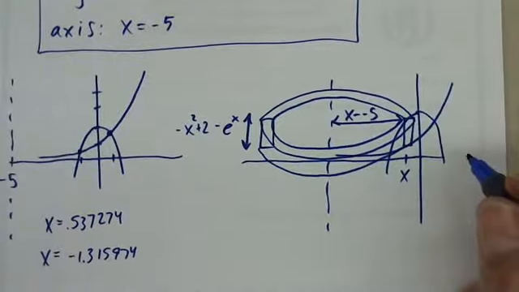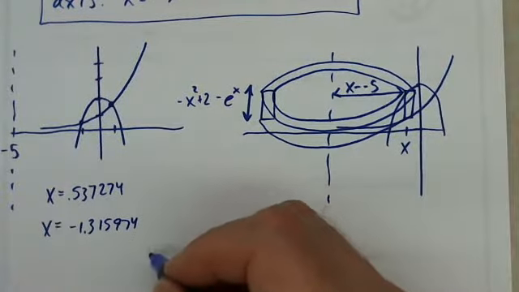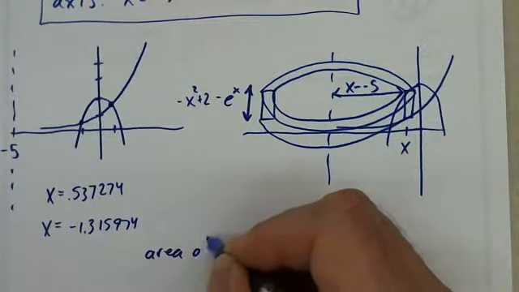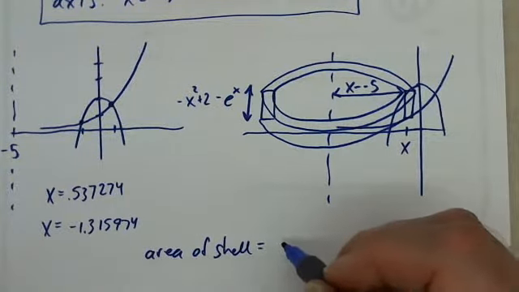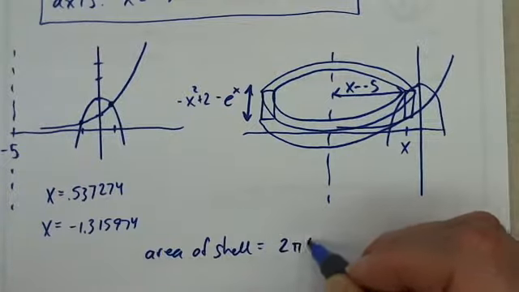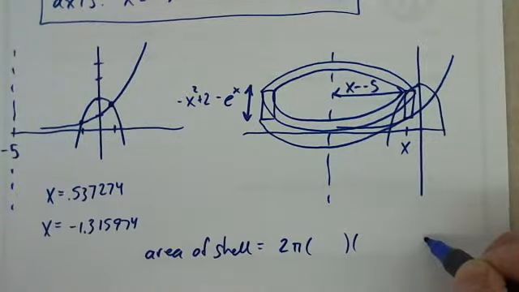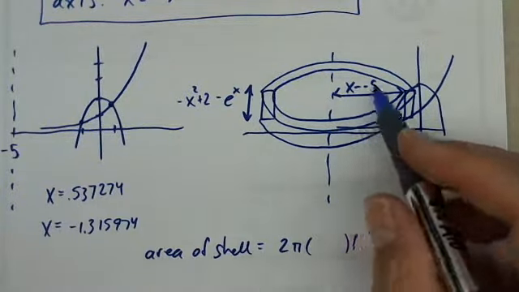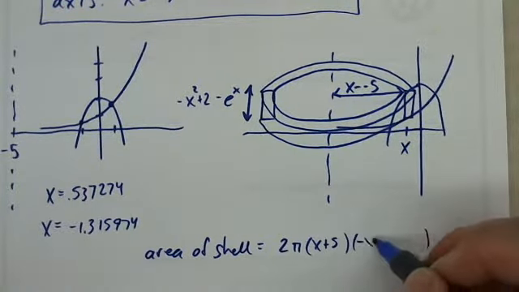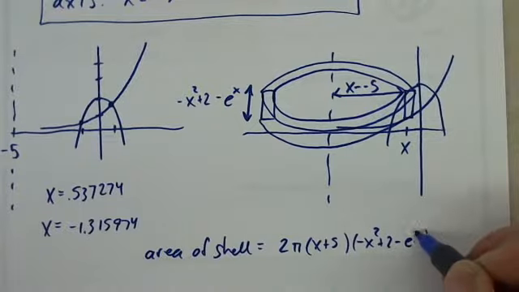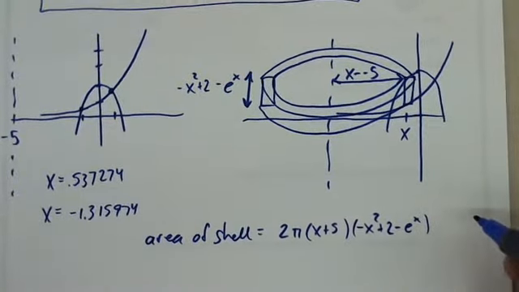So then we're ready to look at the area of a shell. The area of the shell is the circumference 2 pi r times h. The radius is x plus 5 and the height is that.